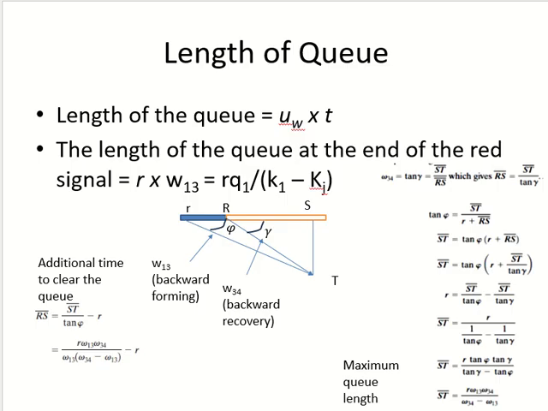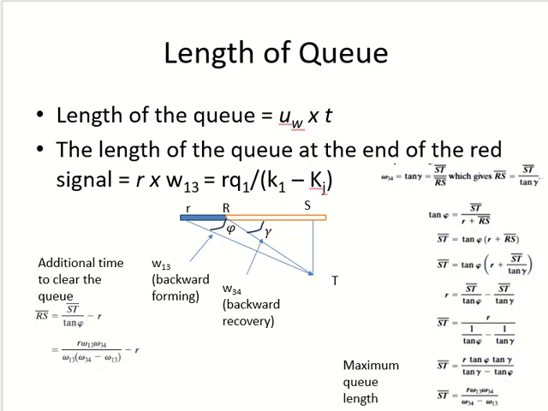Now let us revise the terms. First thing is the easiest one. What is the small r you see in all the equations? The time the signal is red.